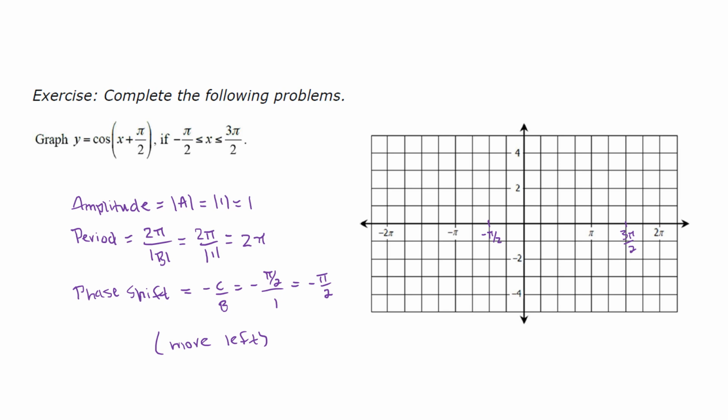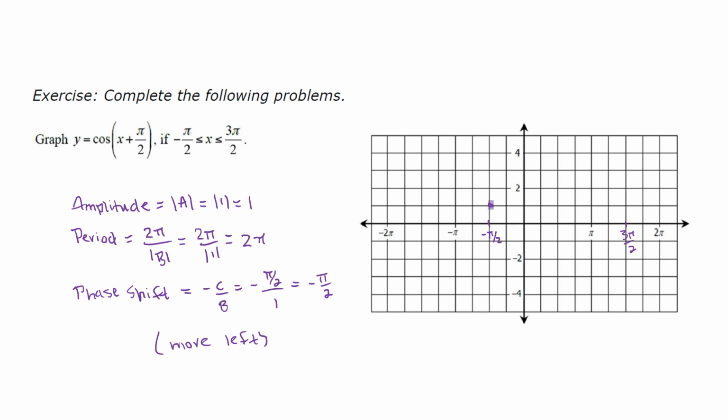So in the parent function for cosine, we start at 1 on the y-axis. But since we are shifting over to the left by pi over 2, we're now going to start at the point 1 on the y-axis and then negative pi over 2 on the x. Let me do our little highlighters here like last time, just so that you can see it a little clearer.